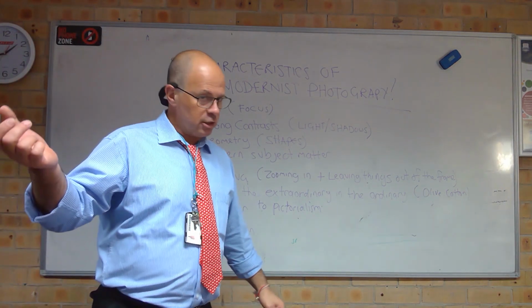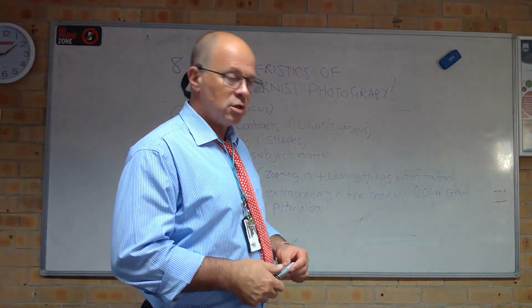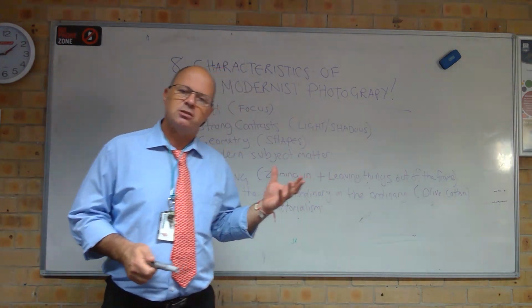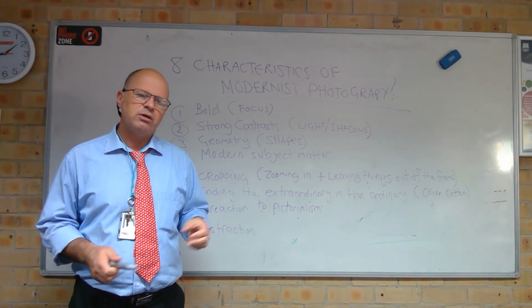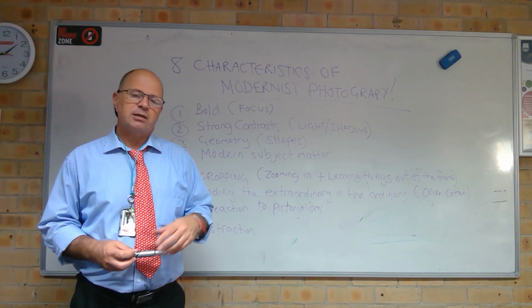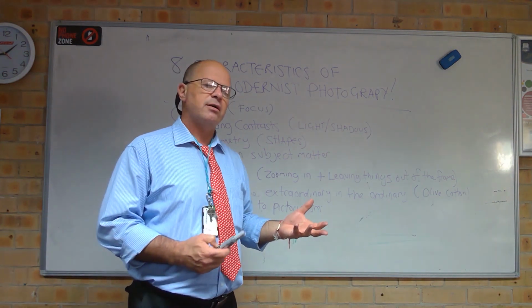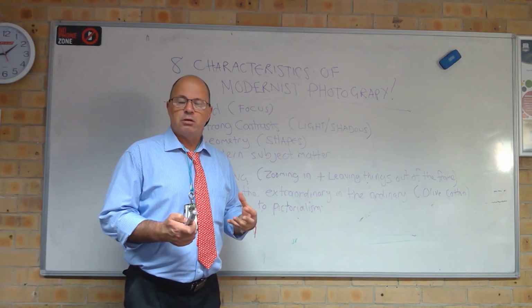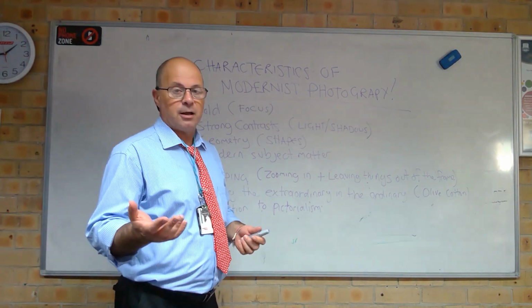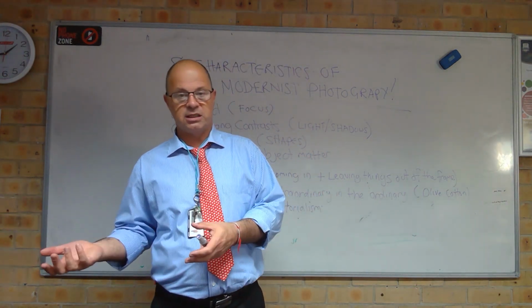Now I rabbited on in this video for quite a while, and you can mine this video for some information as well. But I would really like you to go back and look at the images and really think about the things that I'm saying, and look through some modernist images and see if you can see those characteristics in the images. It's going to assist you in being able to identify if an image is modernist or if it is a pictorialist image.